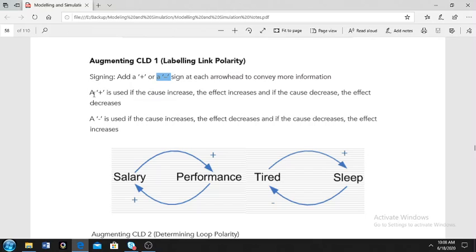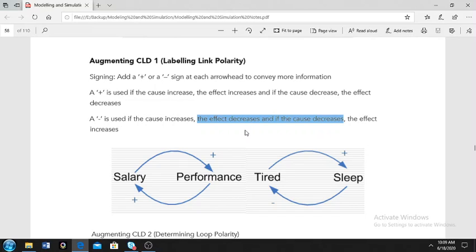A plus is used if the cause increases, the effect increases, and if the cause decreases, the effect decreases. A minus is used if the cause increases, the effect decreases, and if the cause decreases, the effect increases.